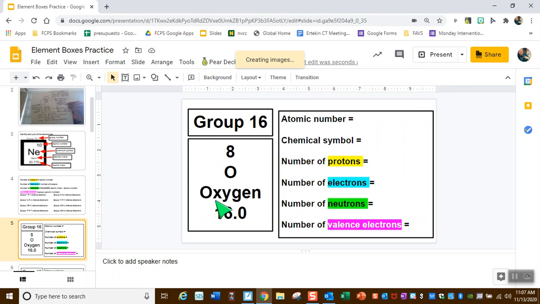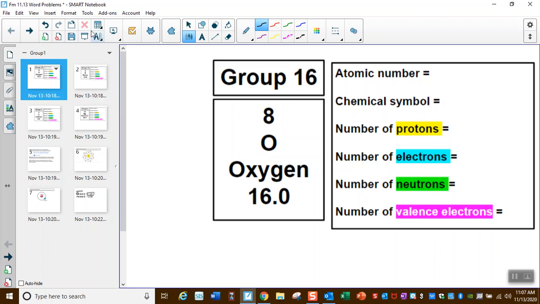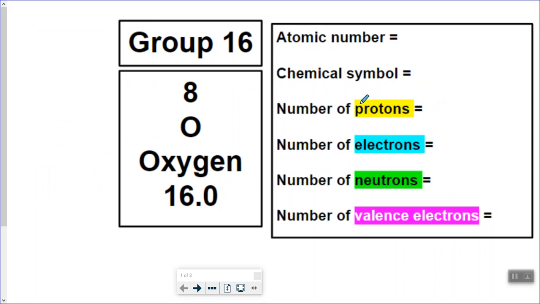So we are going to do some of these together. Okay. So the first thing, let's do oxygen together. Atomic number. The atomic number is the number at the top. So the atomic number is 8.